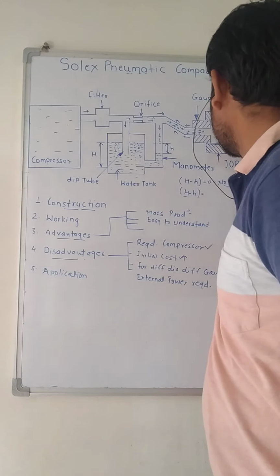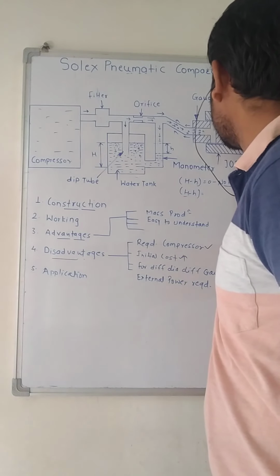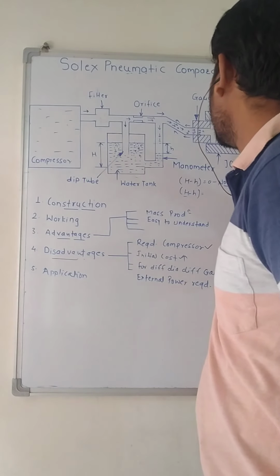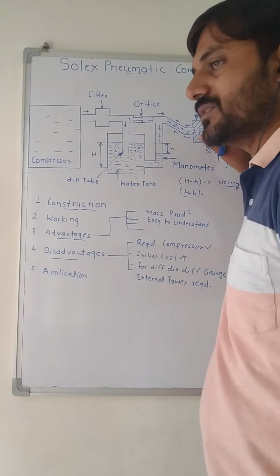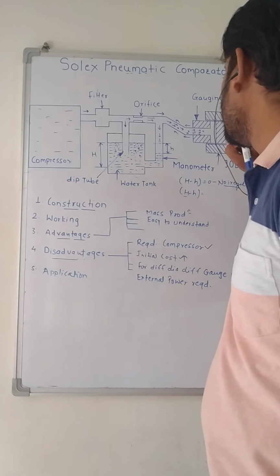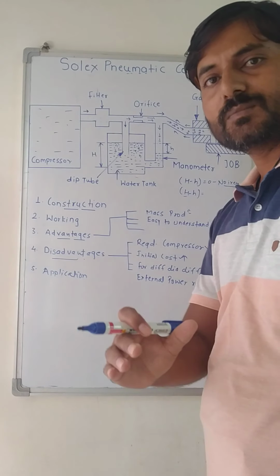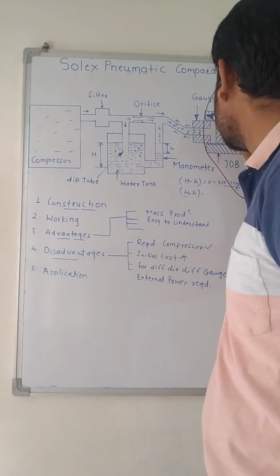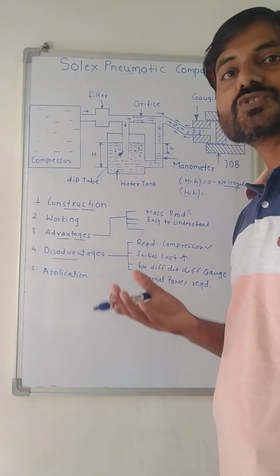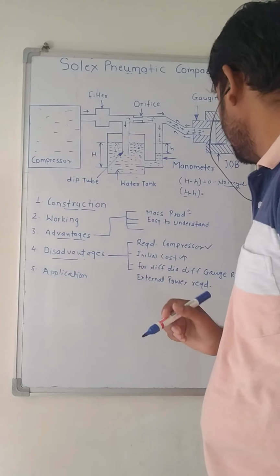Suppose this is a 50 mm internal diameter of a cylinder; it requires a gauge of 50 mm plus minus whatever tolerance is given for the job. Suppose I need to check 60 mm, 70 mm, 80 mm, 100 mm. In such a case, I need to change this gauging head. This would increase the cost of the total Solex pneumatic comparator.